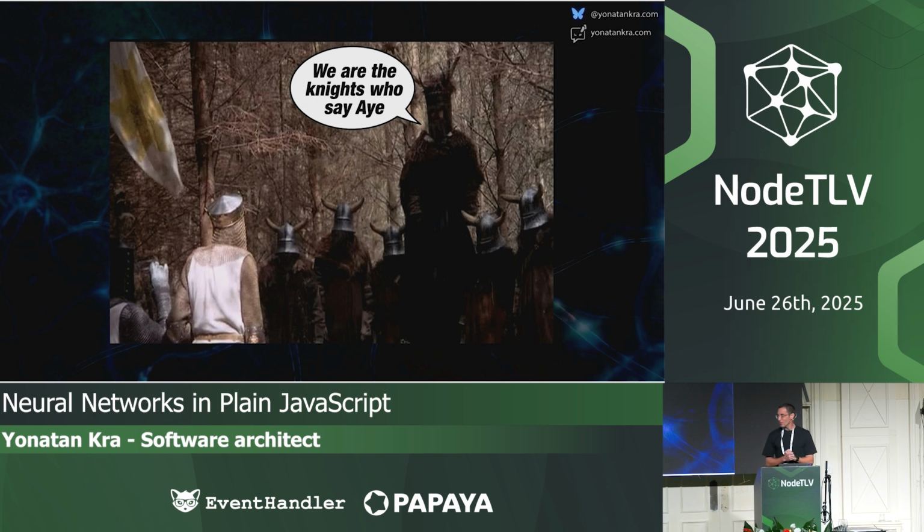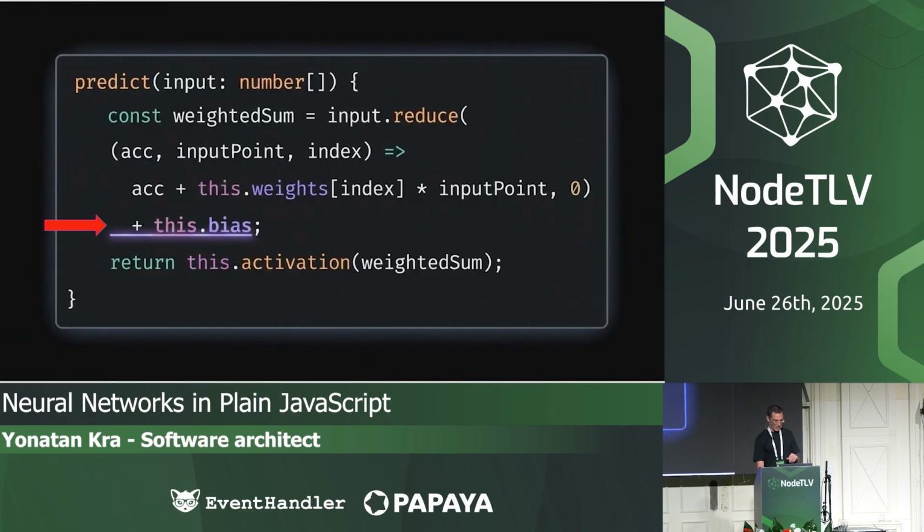And for this, we have something called bias. Bias is kind of like the knights from Monty Python, but this time the knights who say I all the time. Essentially, in JavaScript, it's just adding a new weight that always accepts an input of 1. So we just add it to our sum, only we don't need to multiply it with the input because it just has an input of 1.